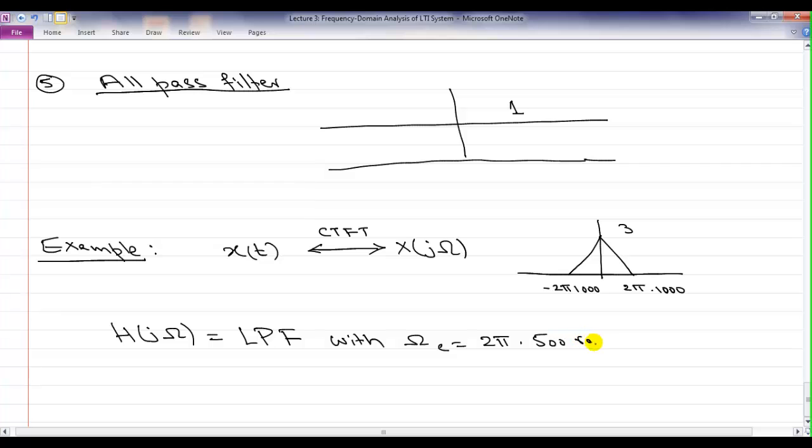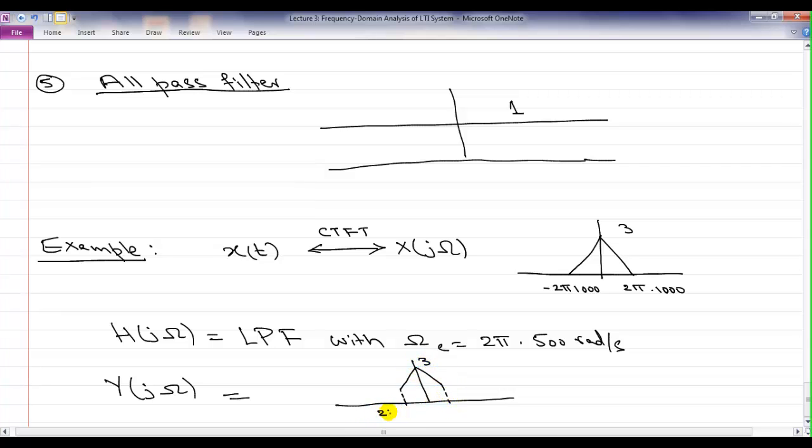500 radians per second. So what this filter is doing is it's going to kill all frequencies in this input signal beyond 500 hertz. So if you were to look at Y of j omega, what will that look like? That's going to be exactly the input signal's Fourier transform up to 500 hertz. So the height of this will be 3.